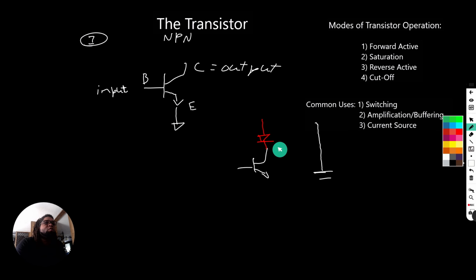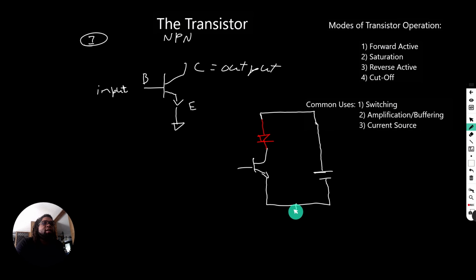I feel like this is one of the most intuitive and easy-to-understand ways to understand the operation of a transistor. Again, an NPN transistor in common emitter mode, which is the most common setup that we see for transistors.